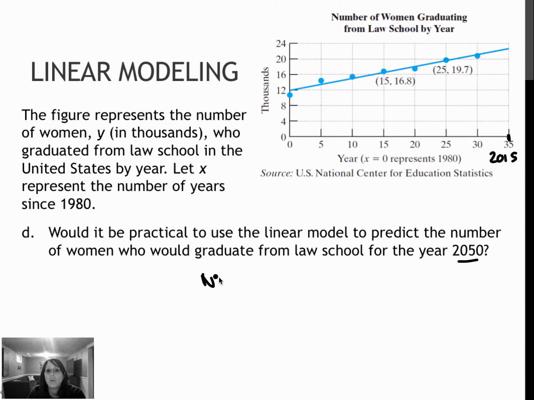And so no, we wouldn't, because extrapolation is very, very dangerous, because there are a number of things that will influence the number of women who graduate from law school. And those figures could either make that value increase or make that value decrease. And so no, we wouldn't, because it's extrapolation, which means we're looking at values outside of the range of values that we're comfortable with.